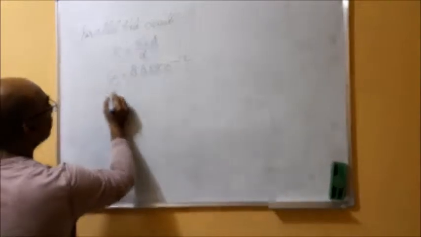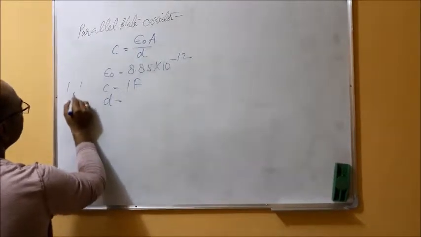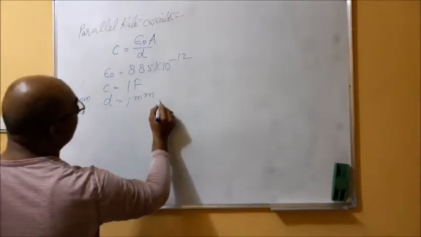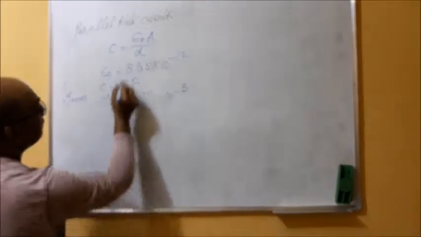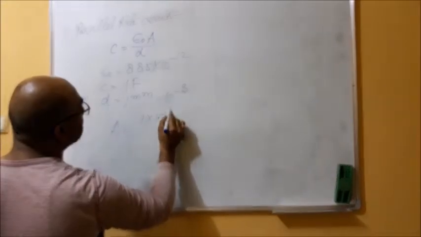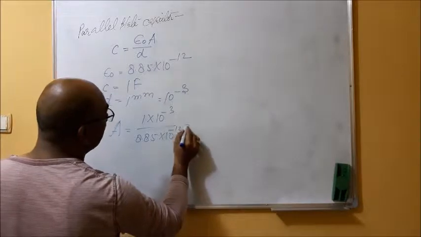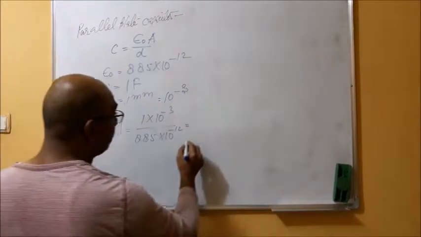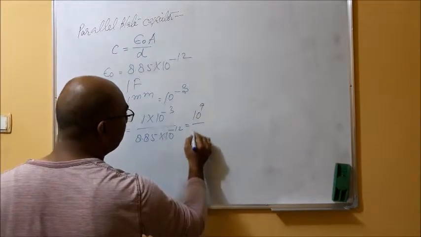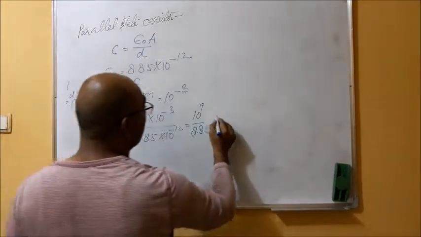If I want 1 farad capacitance and the separation between these two plates is 1 millimeter, what will be the value of A here? A will be 1 multiplied by 10 to the power minus 3 divided by 8.85 into 10 to the power minus 12. When you solve this, you will get 10 to the power 9 upon 8.85 meter square.